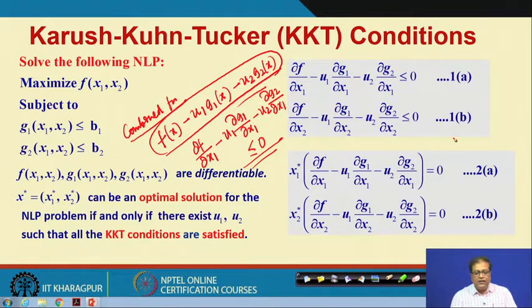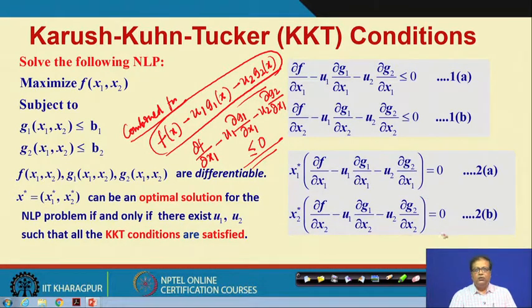The second part of the condition says that either this partial differentiation of the combined function should be equal to 0, or the corresponding optimal variable at the optimal point is 0. So, either the equation becomes an equality, this term is 0, or the corresponding decision variable equals 0.